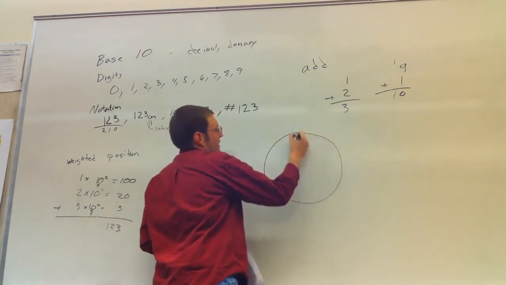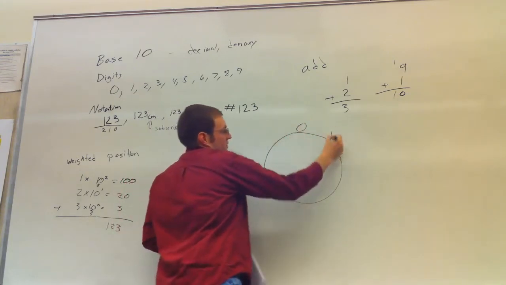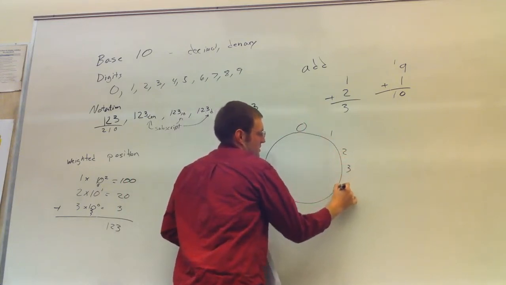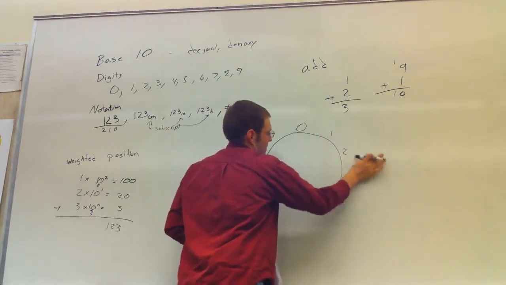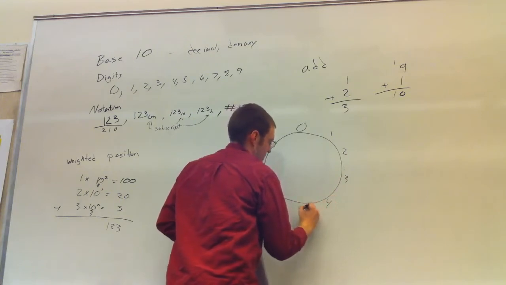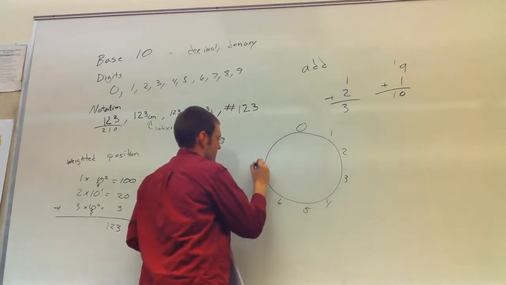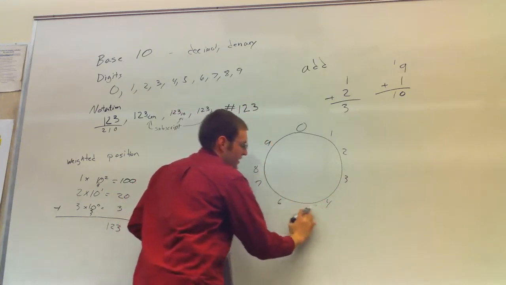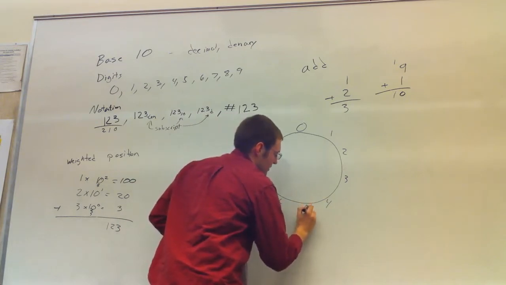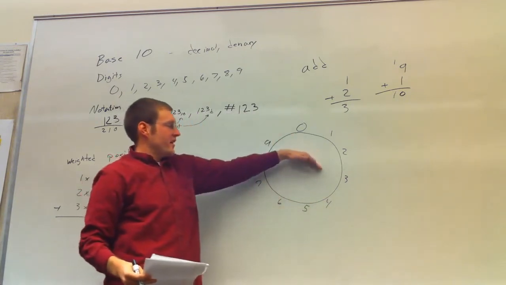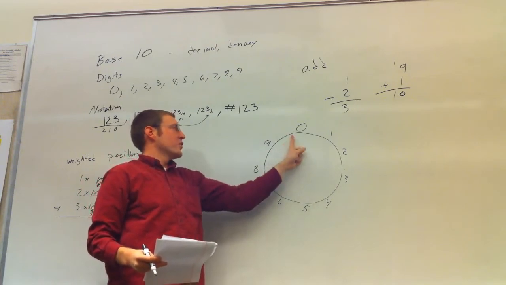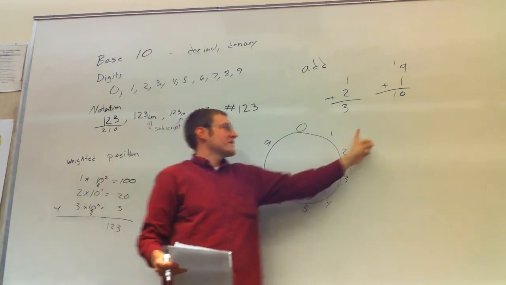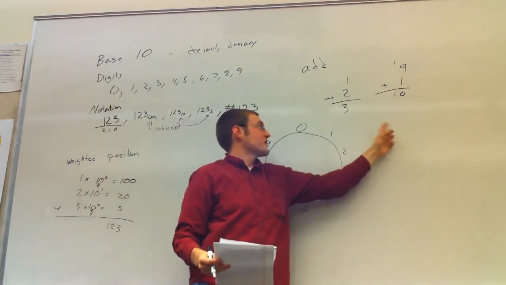Another way is to look at it as we have a circle, kind of like the odometer on your car. It keeps ticking, going around and around. When you hit 0 again, the next cog or gear on your odometer will start clicking 1.